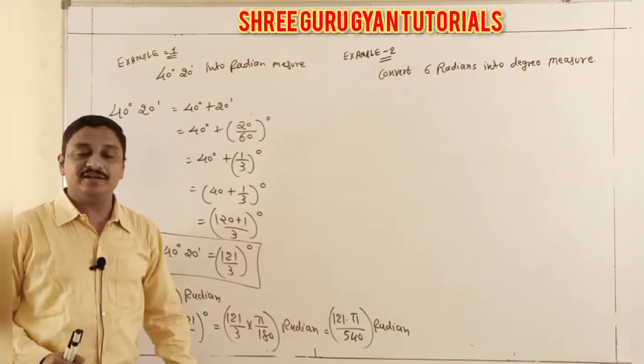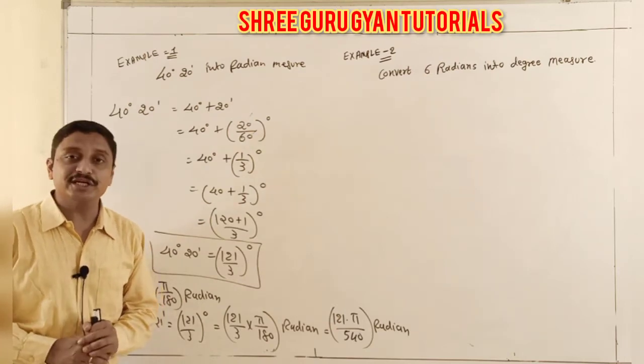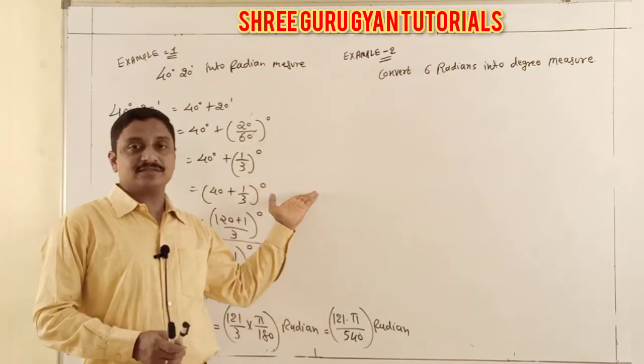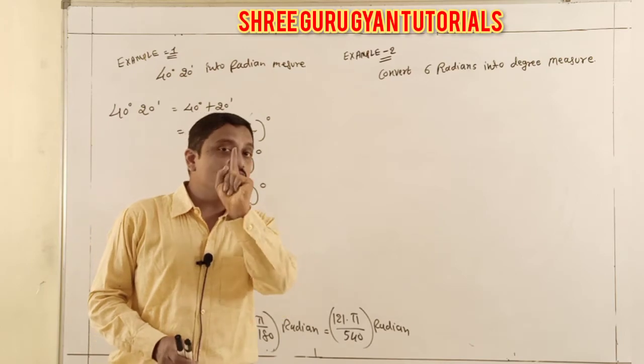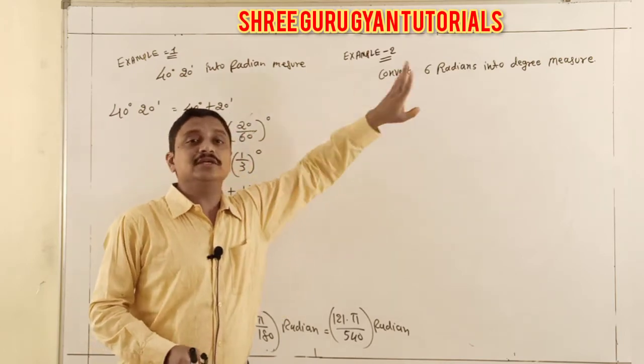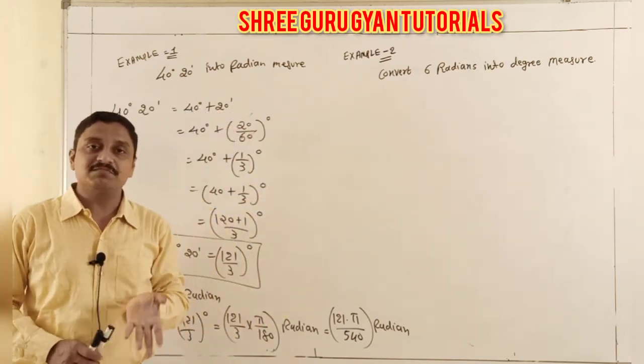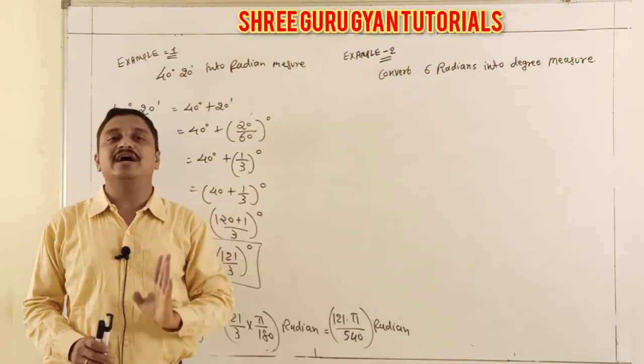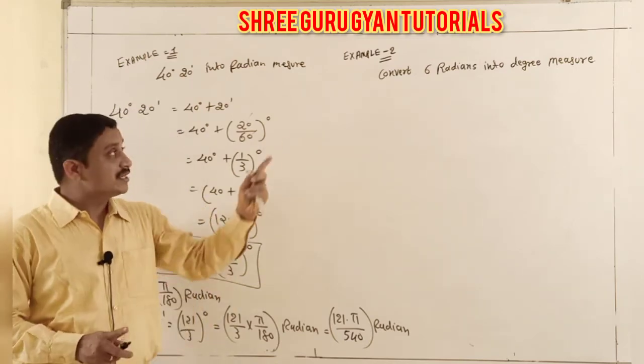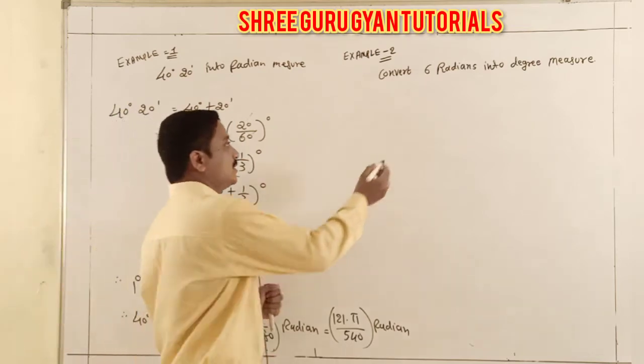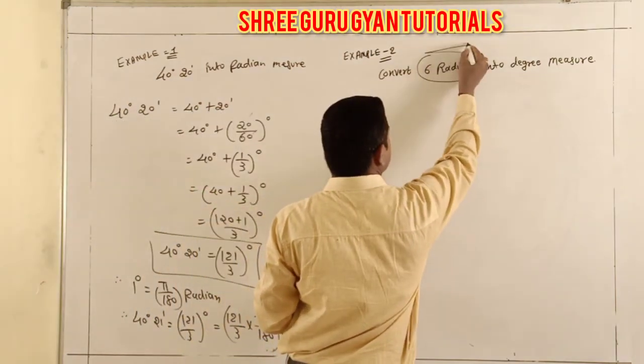Convert 6 radian into degree measure. Just like the previous numerical I explained to you, 1 radian into degree is 57 degree 16 minute and 22 second. Same as here, I explained 6 radian. Students, this 6 radian I translate. It's very easy.